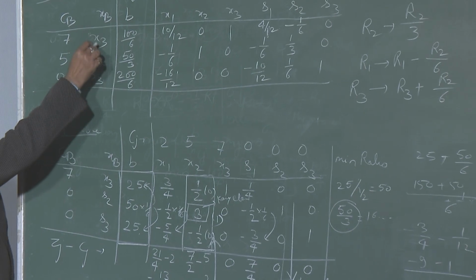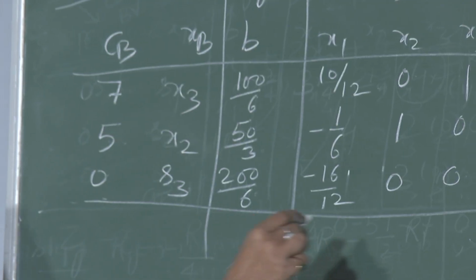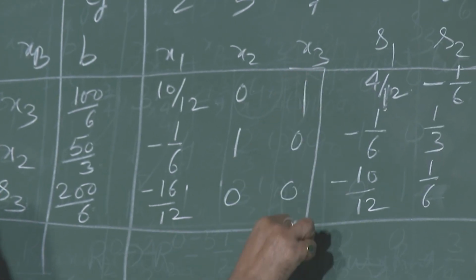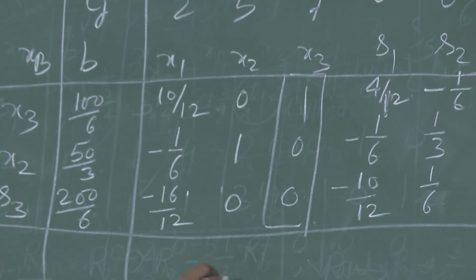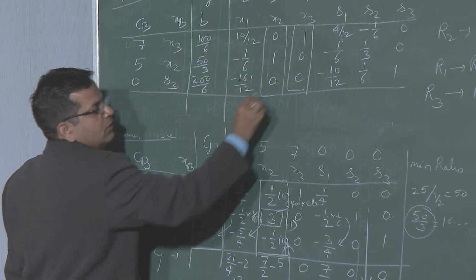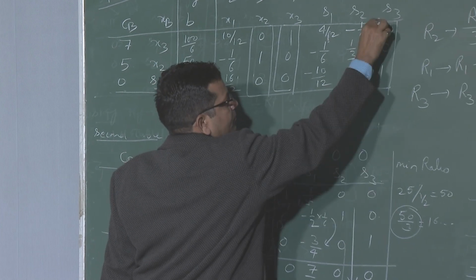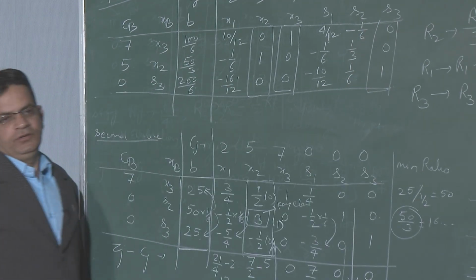Here we can see in the third table corresponding to x3, we have 1 0 0. Corresponding to x2, we have 0 1 0, and corresponding to S3, we have 0 0 1 columns. So this is our checkpoint.